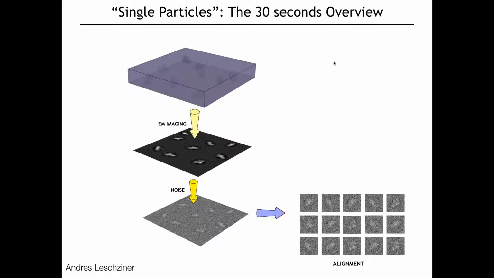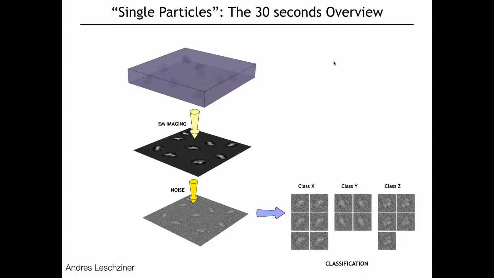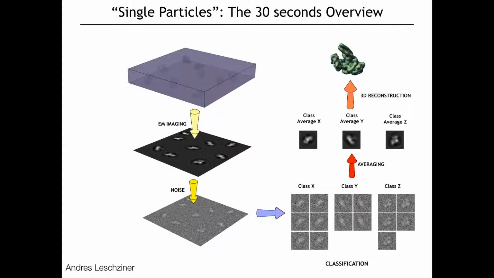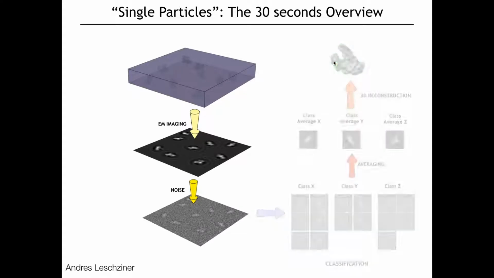We would align them in two dimensions, and then classify them, and through classification we can improve the signal-to-noise ratio. These are now class averages of that small data set. If you assign three-dimensional orientations to those class averages, then you can come up with a three-dimensional reconstruction. So this is basically the image processing pipeline in a nutshell.